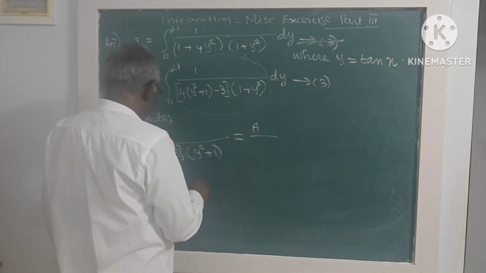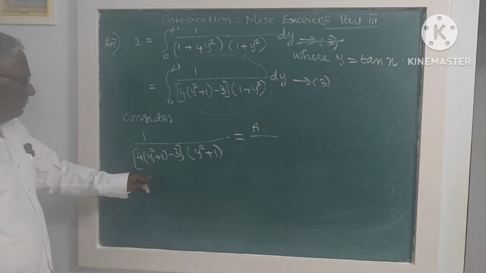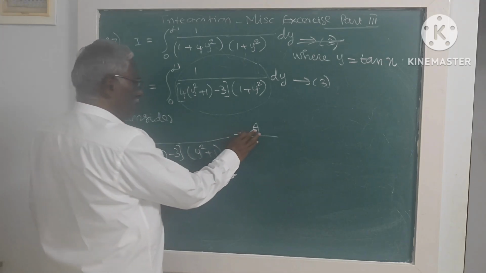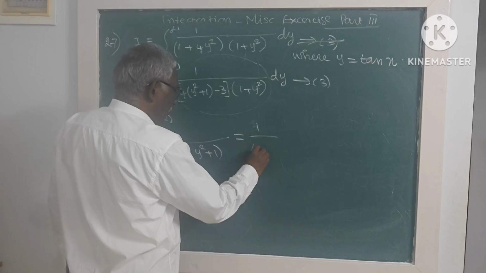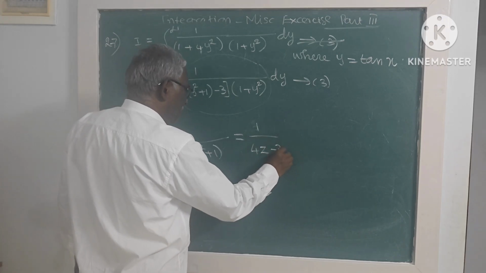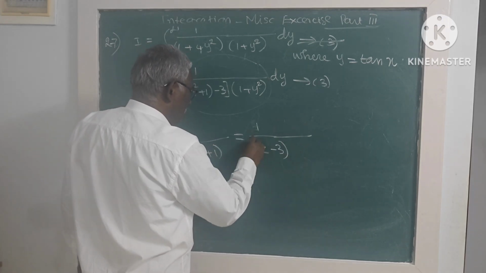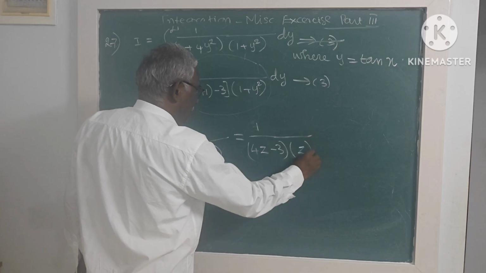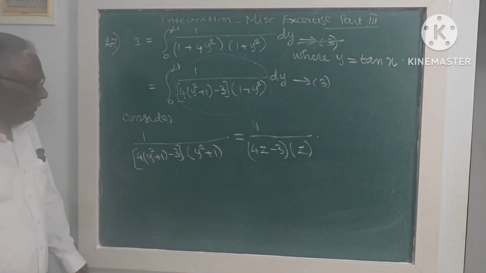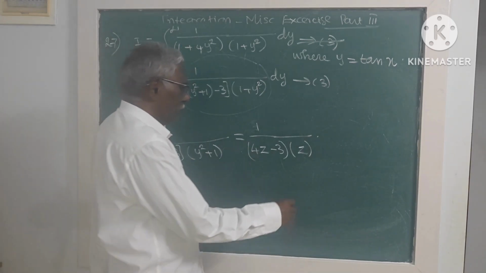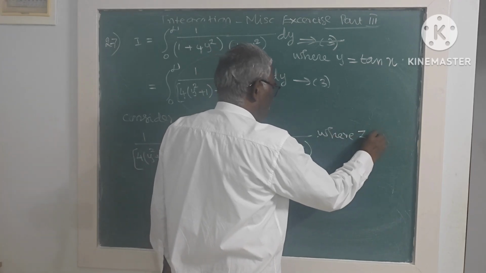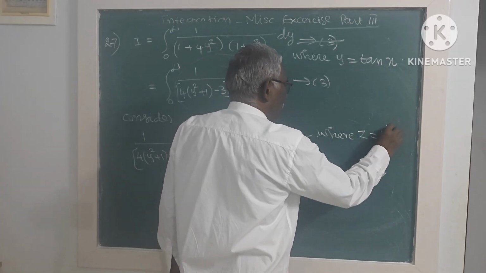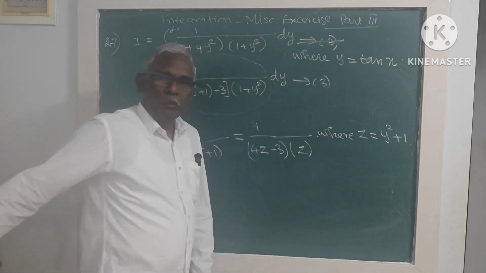We can write this as 1 by 4z minus 3 into z, where z is y square plus 1.